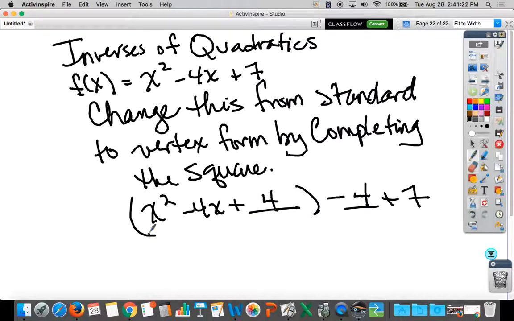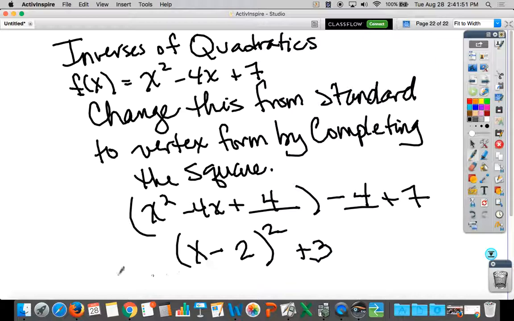Now, just as a reminder, if I factored out a 2 here, what would I put here? Negative 8. So just remember, if you factor something out, you got to be careful. So now, how do I write that in vertex form? X minus, no, not x squared, just x minus 2 squared. There's where my square goes.